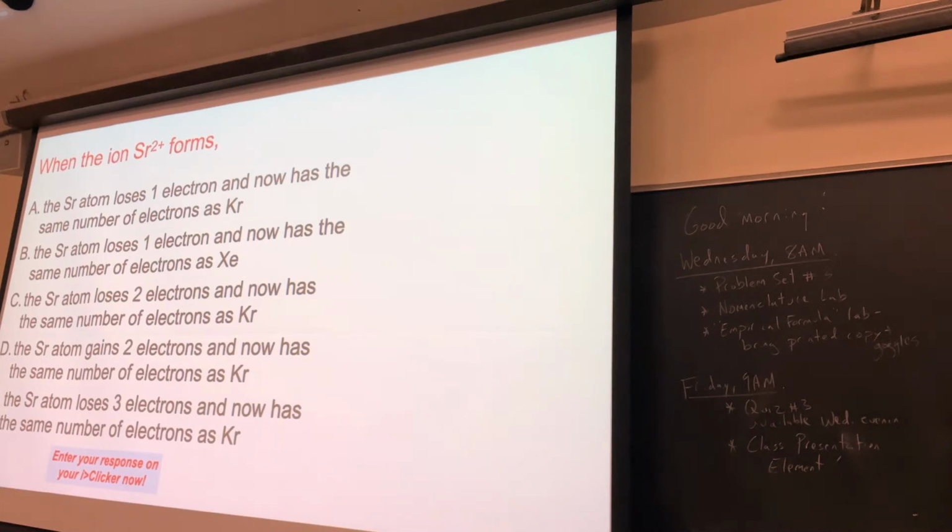And when I say it's neutral, it's because there is no charge. Each proton is positive 1, and each electron is negative 1. So 38 times plus 1 plus 38 times negative 1 goes to 0. The pure elements don't have a charge because they have even protons and electrons.